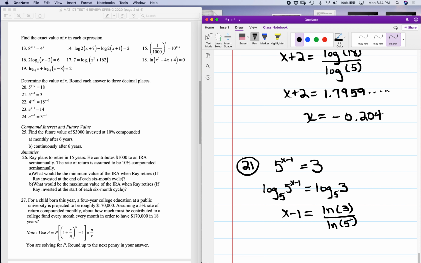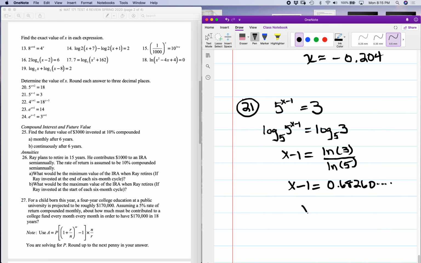Approximating, x minus 1 is equal to 0.6826. And if I add 1 to both sides, x rounded to the nearest 3 decimal places will be right at 1.683.